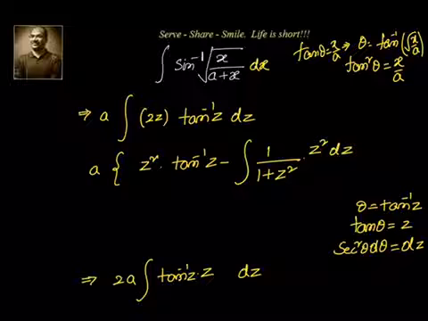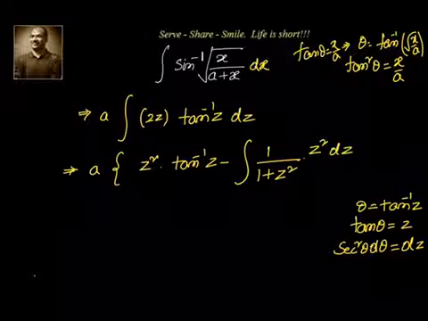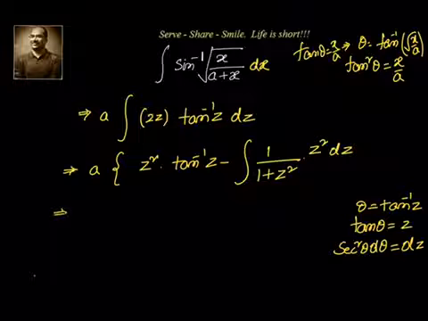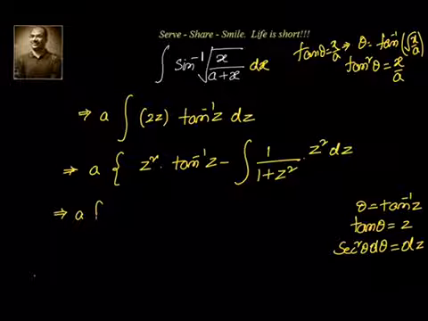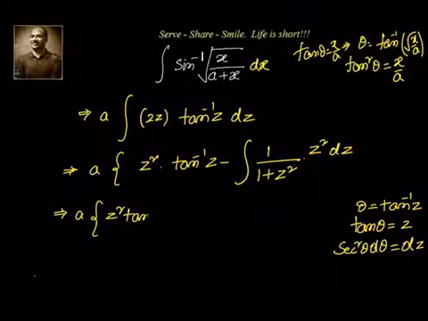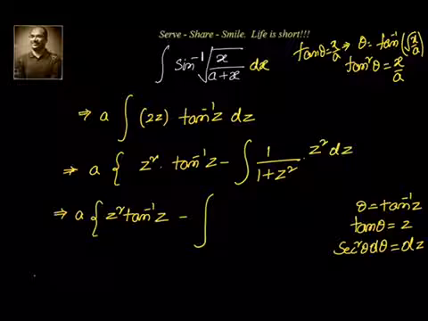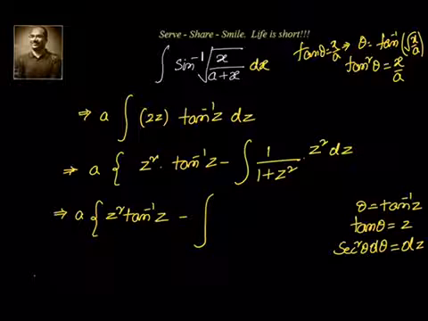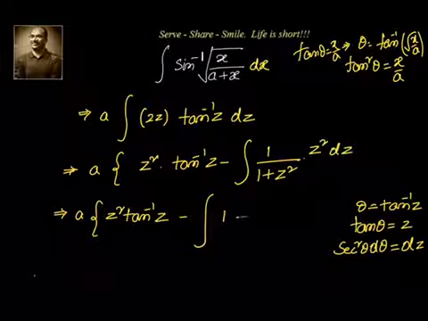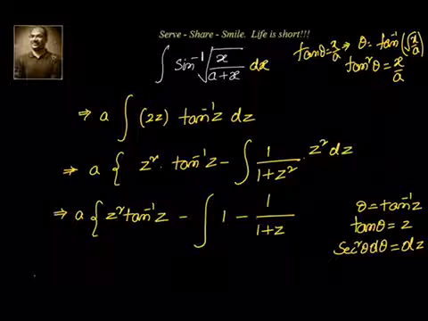So when we go to the next step, that's equal to a into integral of z square tan inverse z minus we have integral of z square by 1 plus z square. Why can't we write it as 1 minus 1 by 1 plus z square?